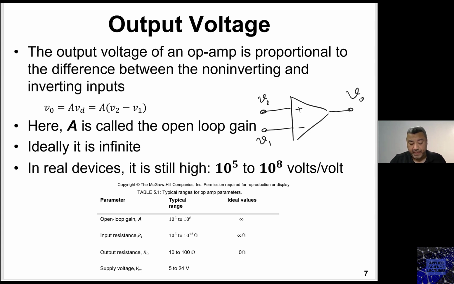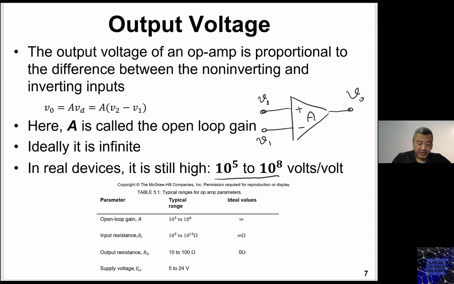As you can see, there is no wiring between the output and the input, and this is what we call the open loop. In this case, the operational amplifier has what's called the open loop gain. And this open loop gain, A, ideally is infinity. Practically, it is not infinity. It may range between 10 to the power 5 and 10 to the power 8. That's the gain. However, ideally, A is infinity.